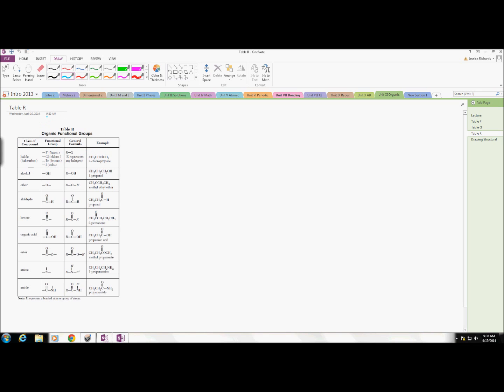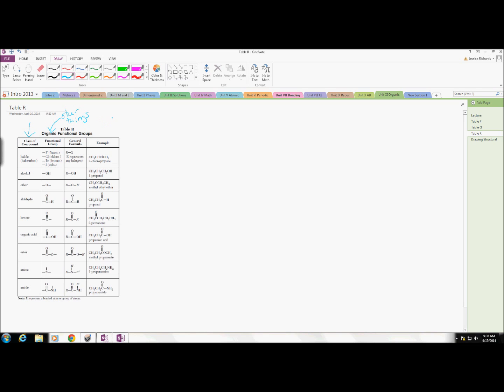There are other things attached to it. So this first group here is the names of the types of molecules when you have other things attached. And then this functional group column is the other things. What besides hydrogen and carbon is in my molecule?